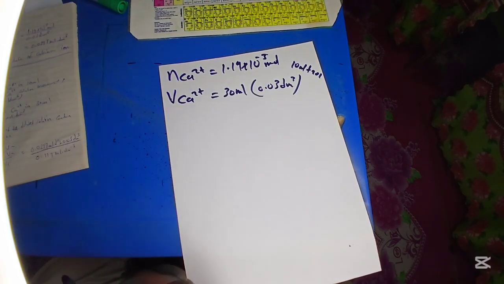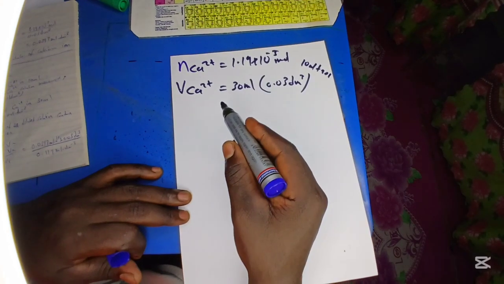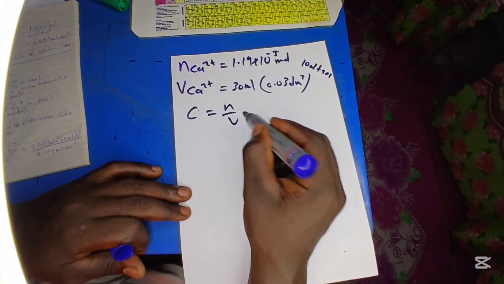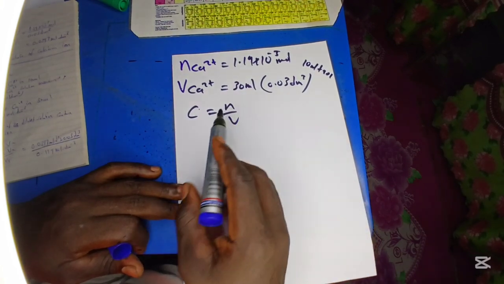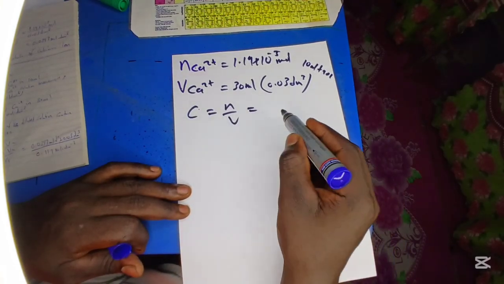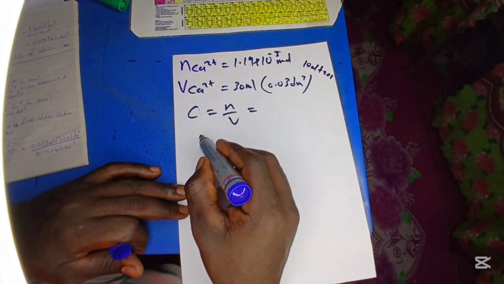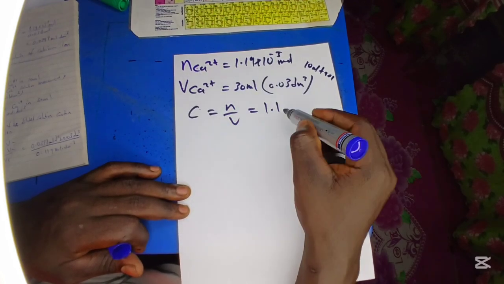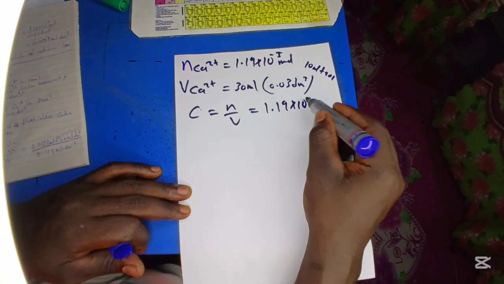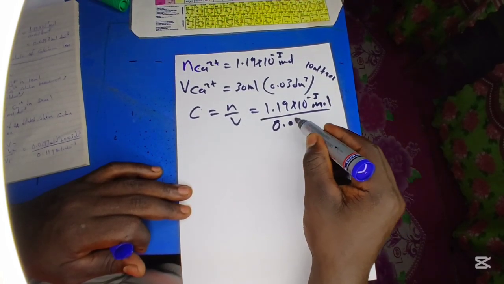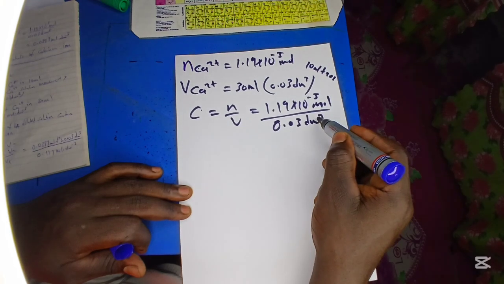So we want to calculate the concentration of Ca2+. And what's the relation? C equals n over V. So definitely we know our n, and we also know our V. So we can go straight forward: our n is 1.19 × 10^-3 mol, all out of 0.03 dm³.